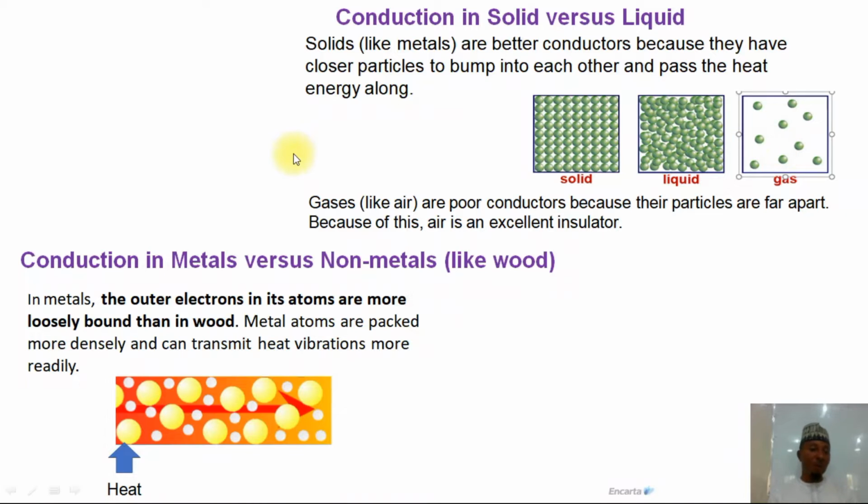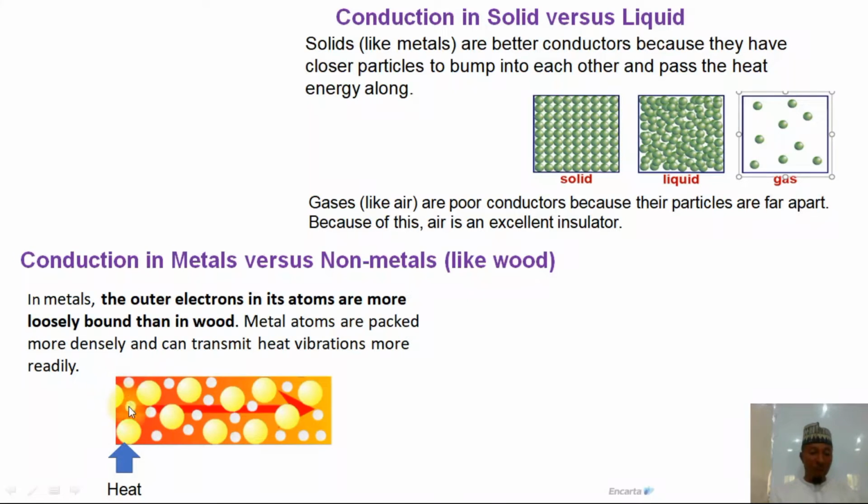Now, conduction in metal versus non-metal like wood. Which do you think will conduct better, a metal like copper or a non-metal like wood? Of course, copper. Copper is a better conductor because it doesn't just have vibrating molecules, but it also has free mobile electrons like this.